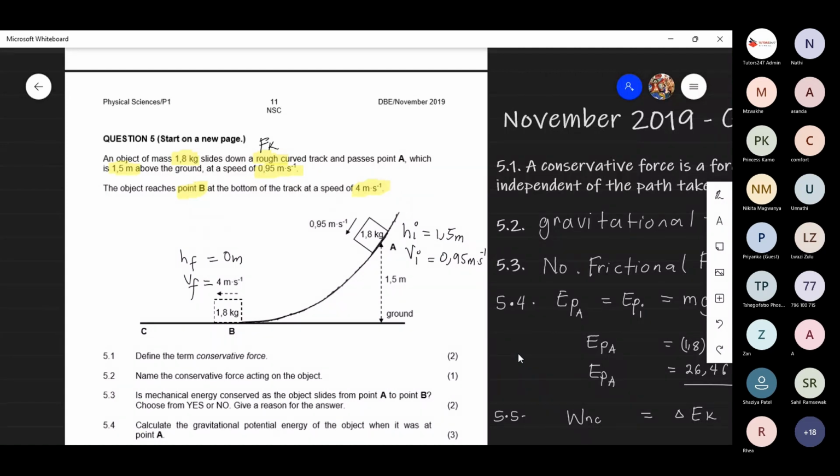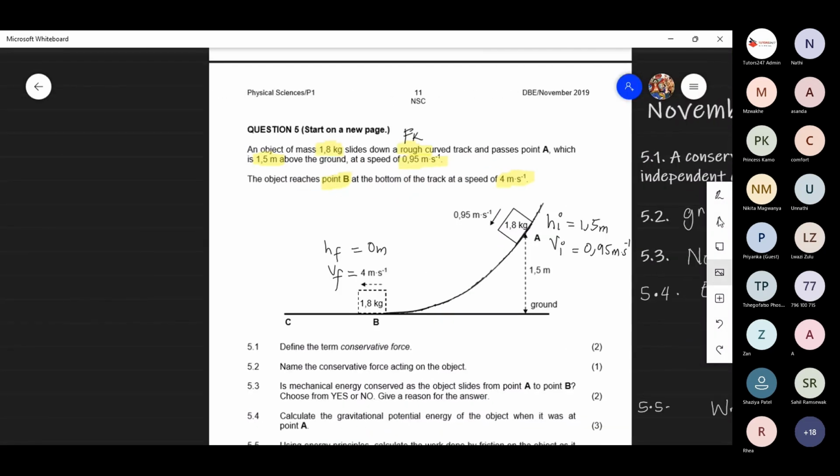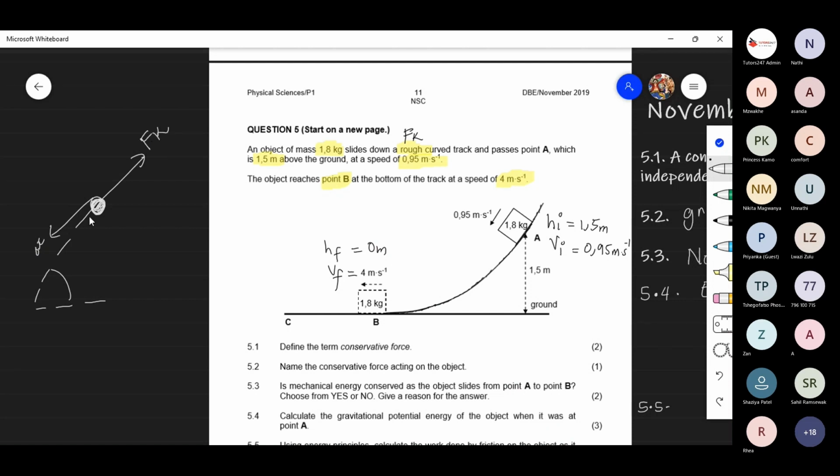So if you were to draw a free body diagram of this, it would look like this. You have the incline, you'd have displacement down the slope, frictional force up the slope, normal force perpendicular to the slope, and Fg vertically down.